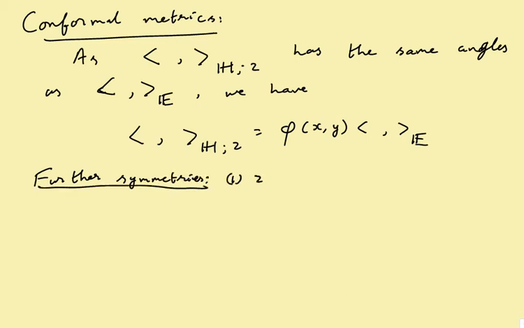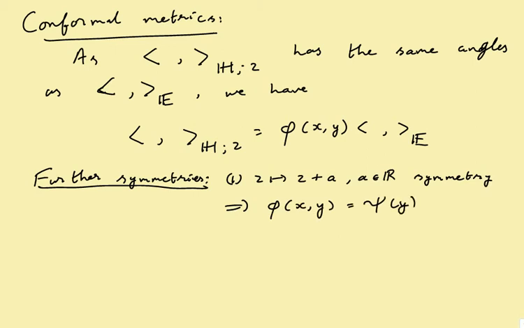Okay, now what do we have by further symmetries? First of all, z goes to z plus a, with a in R, being a symmetry implies phi of xy is in fact only a function of y.